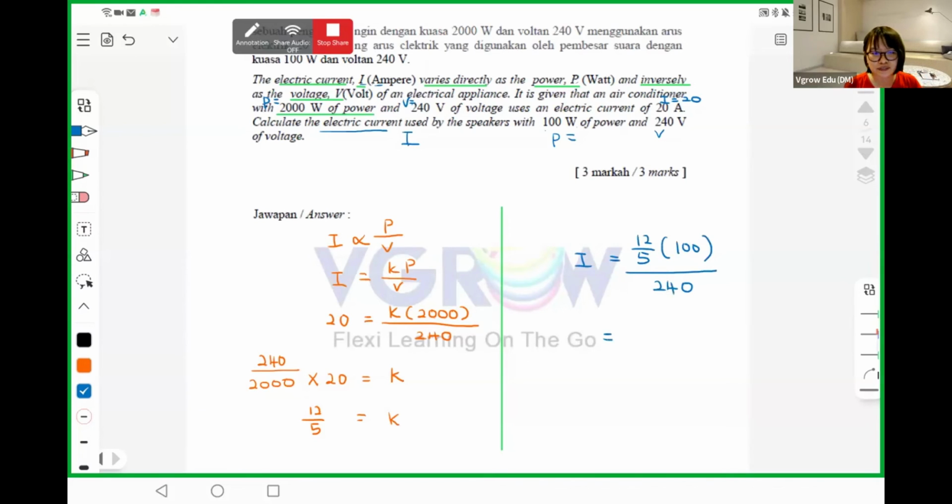So you will get the answer. One, right? Yes, correct. Okay, so 3 marks are given when you manage to write out the variation form, find out the K, and also the final answer. Congratulations. So very quick, you can score full marks already.